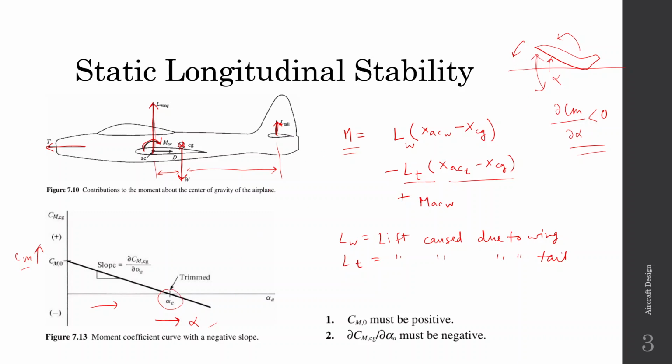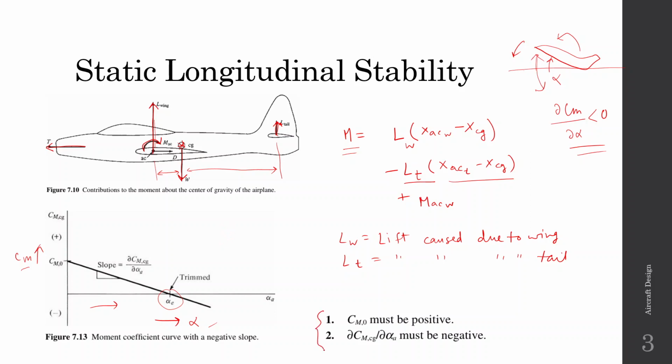So when the aircraft will be flying at alpha e, there will be no moment. And if it is not flying at alpha e, then the moments will cause it to return back to alpha e. And a positive alpha e means that the aircraft will be positively pitched up and it will be producing more lift.